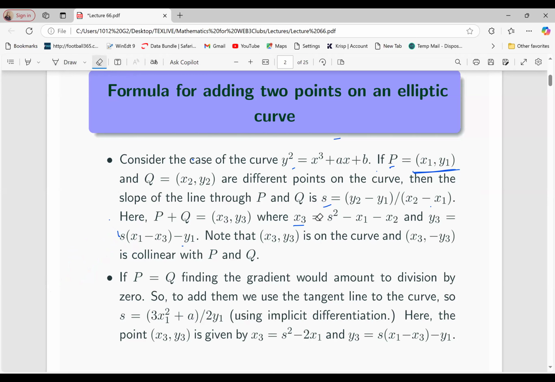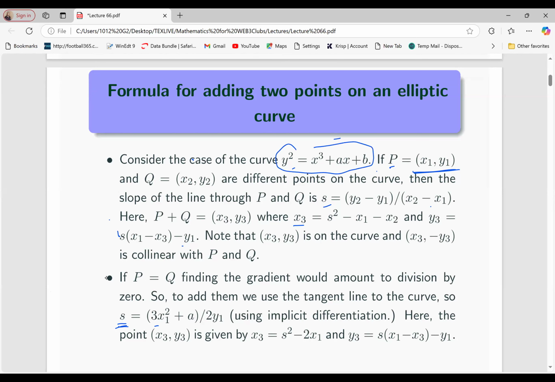You cannot do that. And so how do you find the gradient? Using the same point, we are adding P to itself. We just use implicit differentiation that we talked about yesterday. This is the equation of the curve. So how do you differentiate this? This part is differentiated as 2y dy/dx.